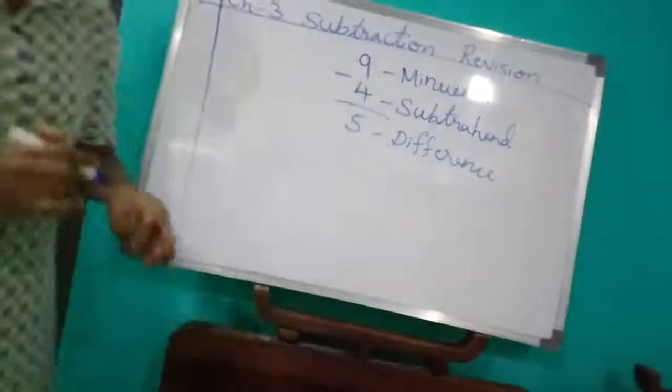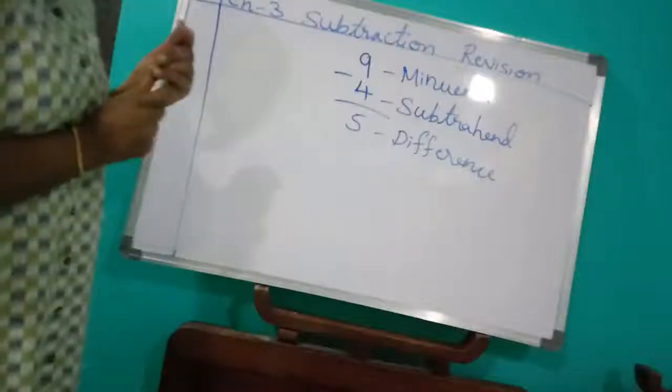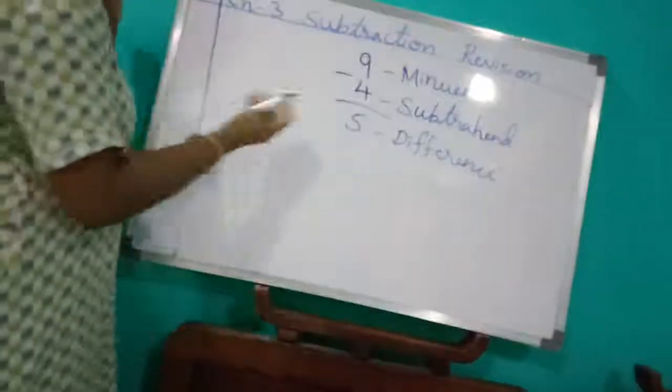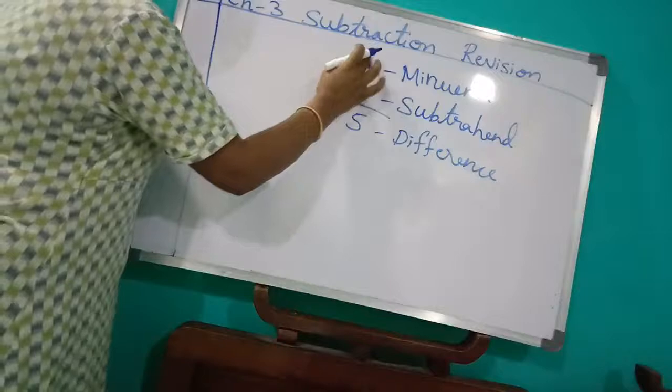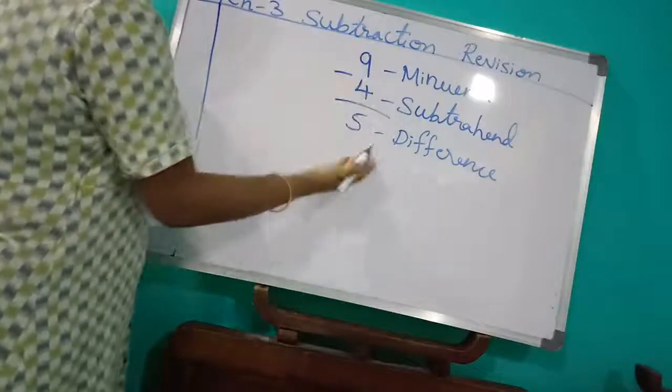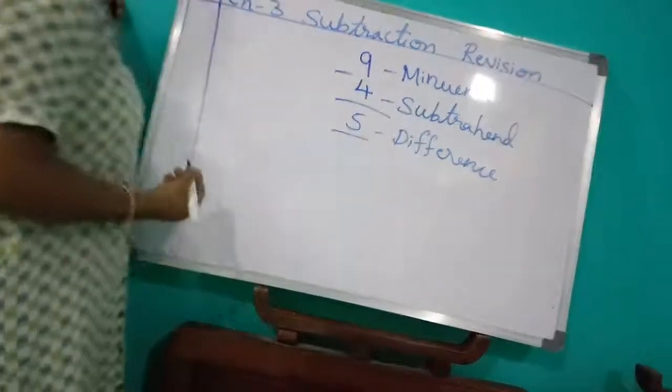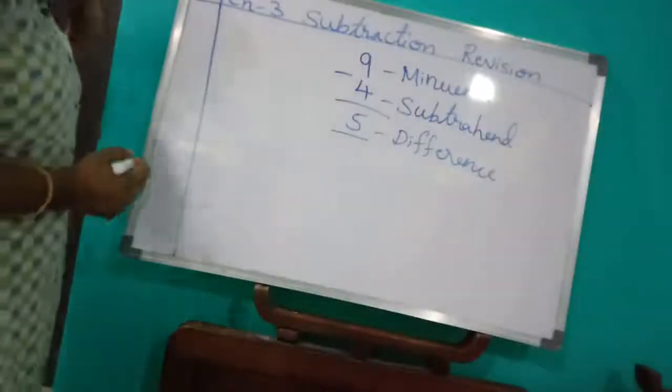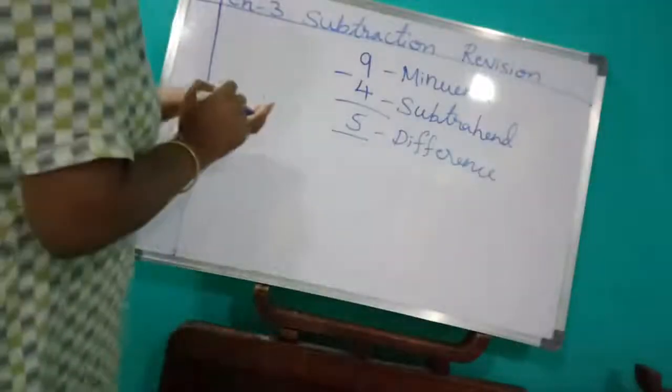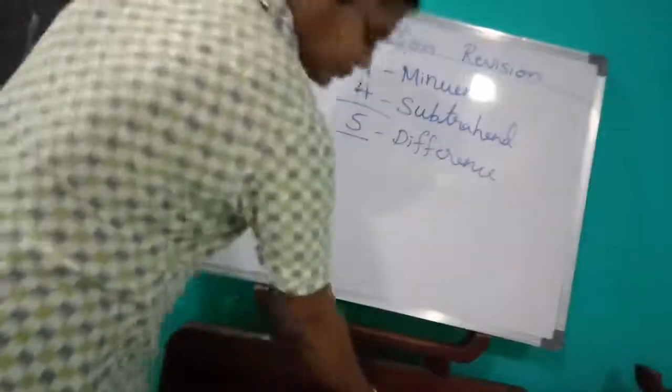What I told you? Subtraction is a mathematical operation to find the difference between two numbers. Yes or no? In these two numbers the difference is 5. Okay? This is subtraction.